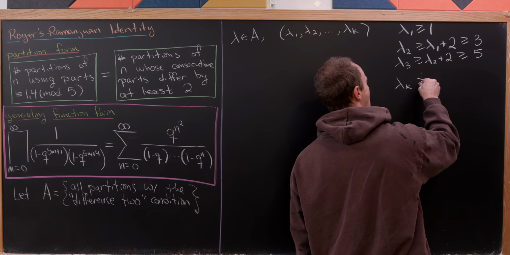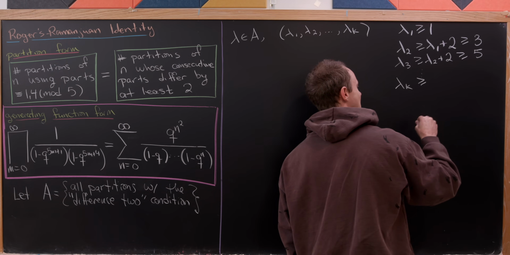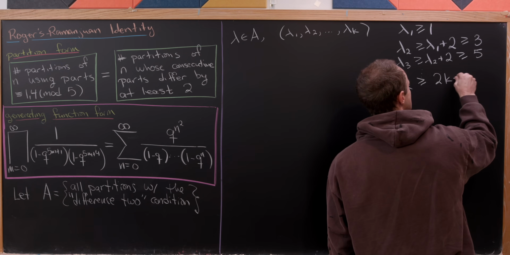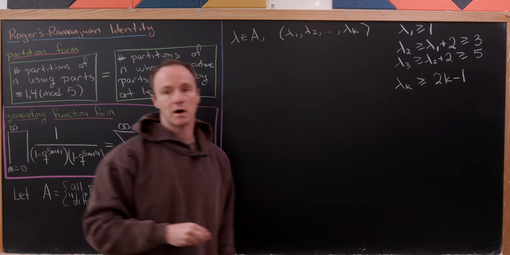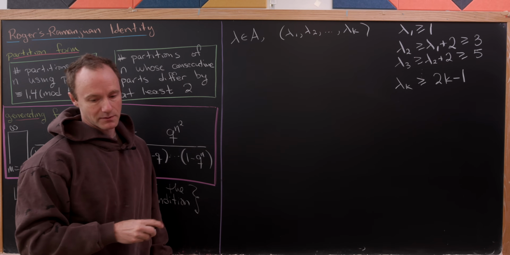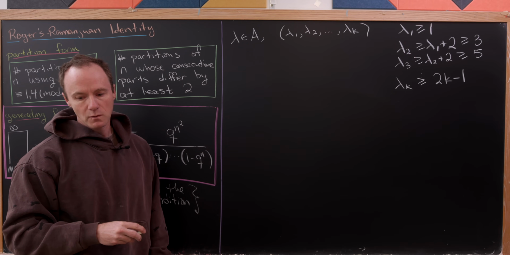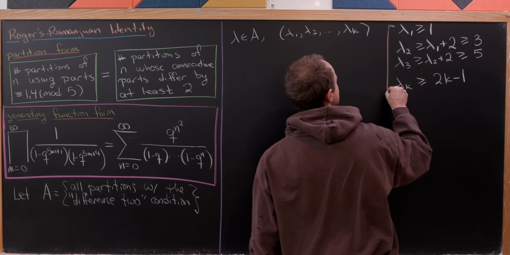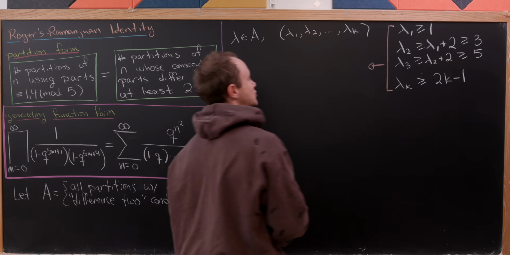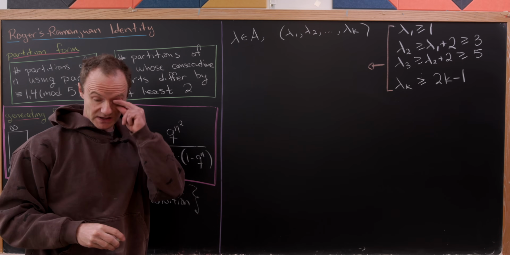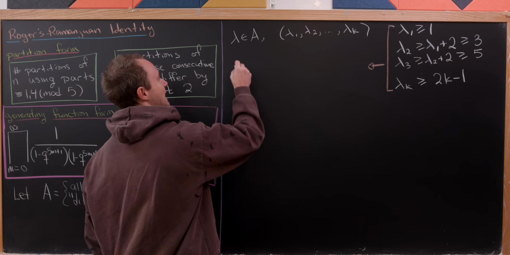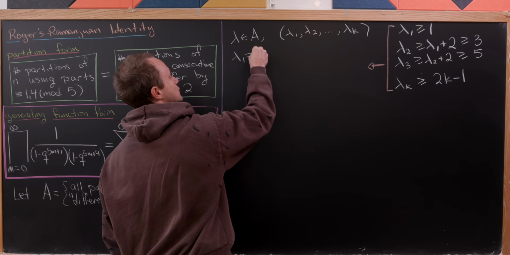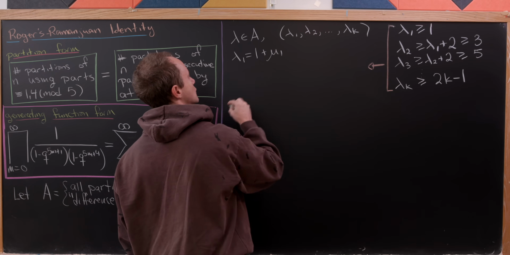Notice that if we follow this down, we'll have lambda k is bigger than or equal to 2 times k minus 1. So we've got that odd number there. But what does that mean? Well, that means that we can take our partition lambda 1 up to lambda k and rewrite it like this. We can say lambda 1 is equal to 1 plus mu 1.